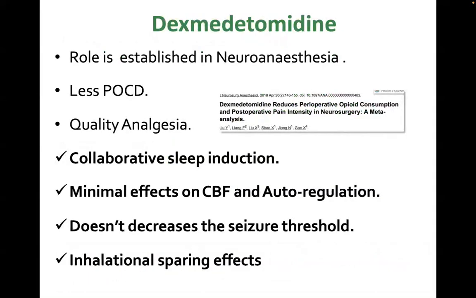But with the recent implementation of dexmedetomidine, its role is well established in neuroanesthesia nowadays. One of the most important things is that, whether you are using it as a part of general anesthesia or as a part of awake craniotomy, the incidence of post-operative cognitive dysfunction is really low. Similarly, it provides quality analgesia.